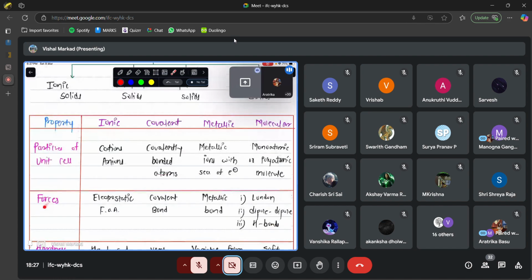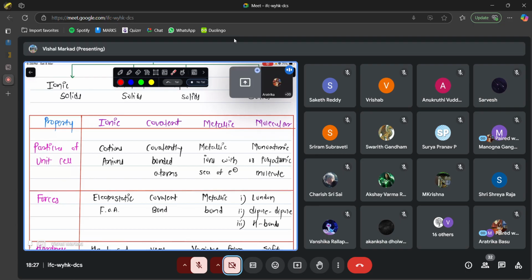So which forces of attraction are present in ionic solid, Na plus and Cl minus? Electrostatic force of attraction, between positive charge and negative charge. Which forces are present in covalent solid? Covalent bond. Because of the covalent bond, they are together. In metallic solid? Metallic bond.